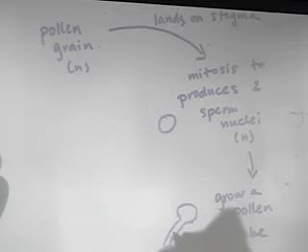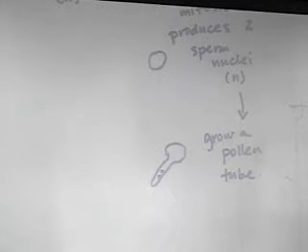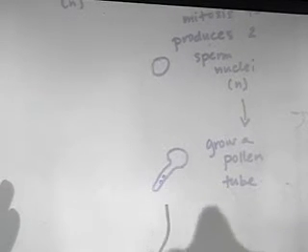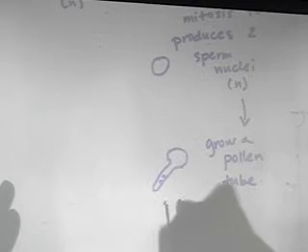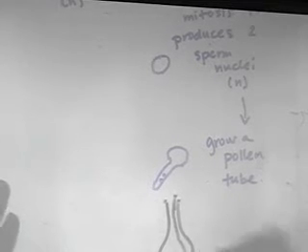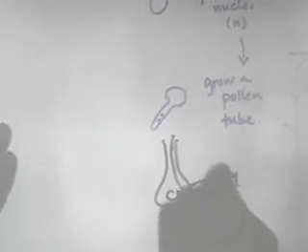The sperm nuclei are going to be in there. What the pollen tube is really doing is sitting on the stigma right here. This is our pollen grain where it landed, so it starts growing the pollen tube down into the ovary, this is my ovary, to try to get to the embryo sac.